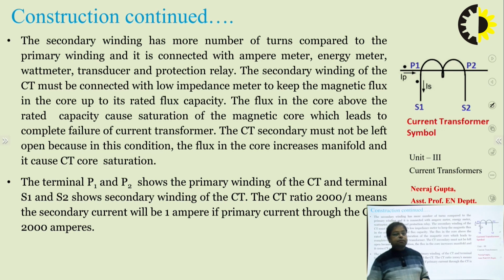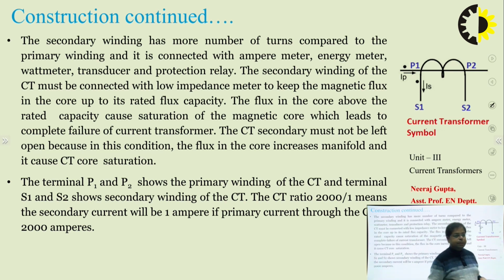The secondary has more turns as compared to the primary, not many-fold, but comparatively larger. The ammeter, energy meter, wattmeter, transducer, or protection relay, whatever is connected in the output circuit, has low resistance.